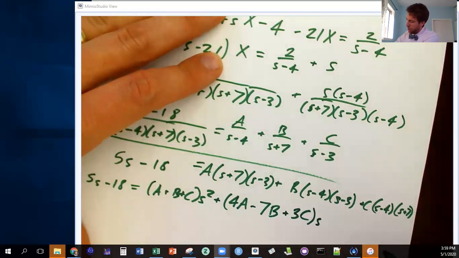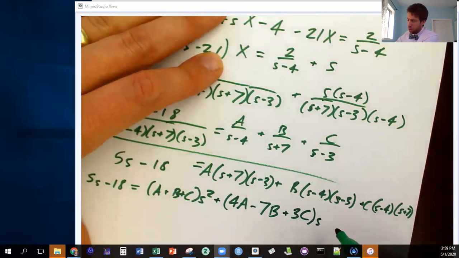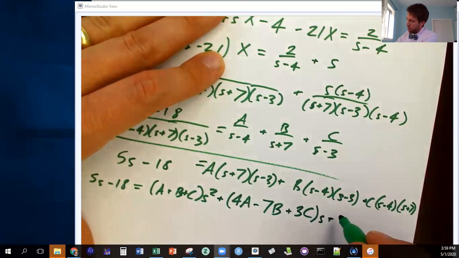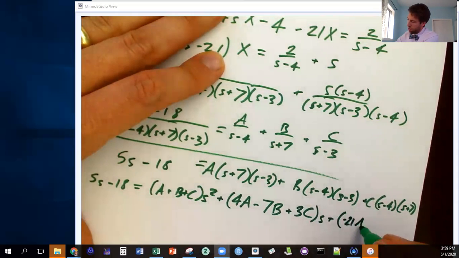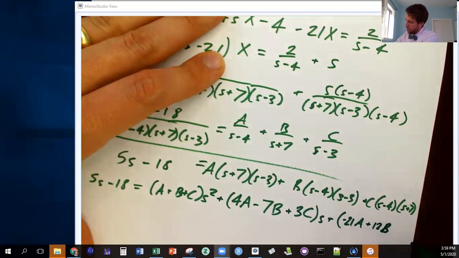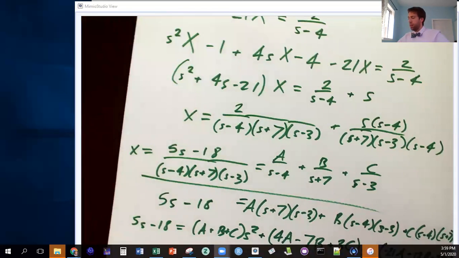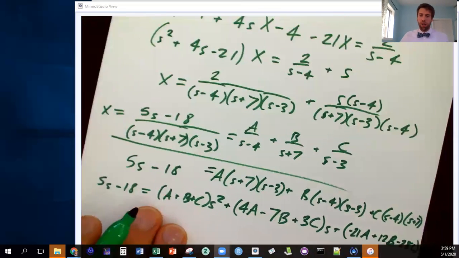And then what are my terms without s? Well, that's negative 21A, and then positive 12B, and then minus 28C.